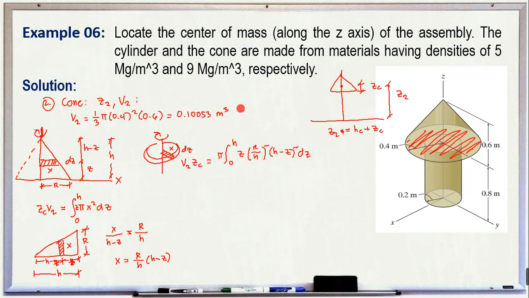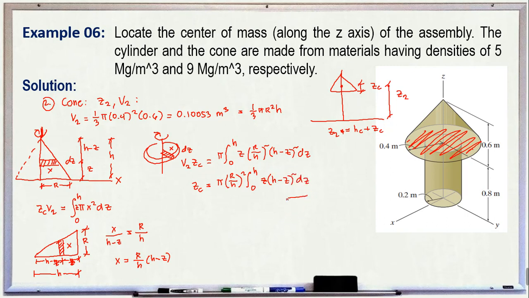So again, V2 is equal to 1/3 pi r squared times height. Let me write that again because we will use it in deriving this via integration. So zc equals, on the right side, pi times r over h squared, then integral from 0 to h of z times h minus z squared dz.